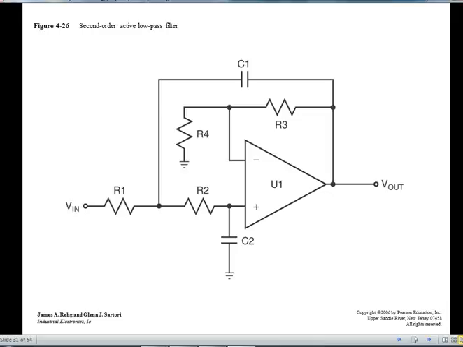In our math classes we use degree, and degree means x to the 4th, so that'd be a 4th degree guy. When we use order, we're talking about a differential equation, so a second order differential equation, a 4th order differential equation. And that's the same thing that we're talking about here when we're talking about a second order active low pass filter.